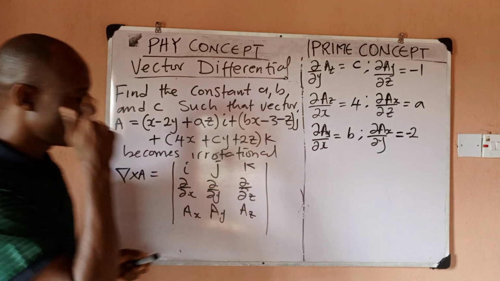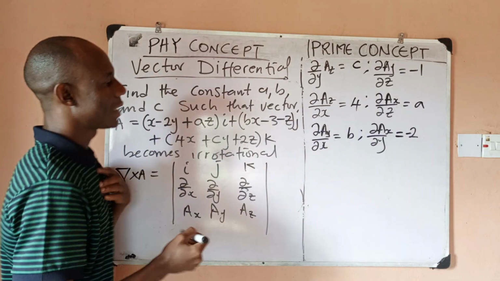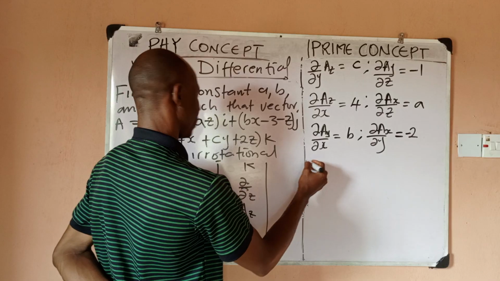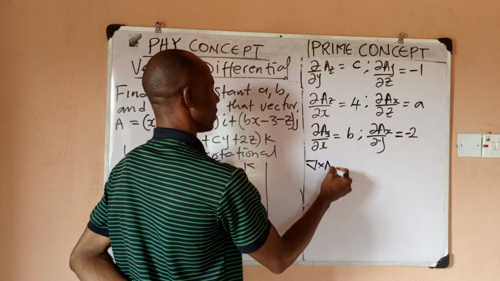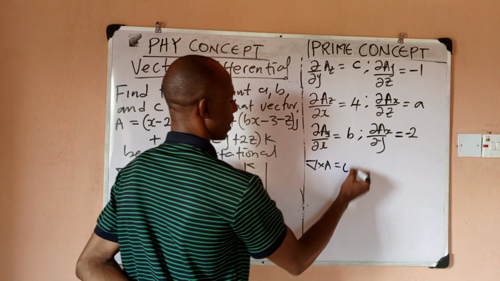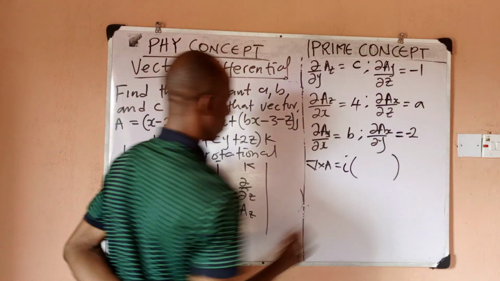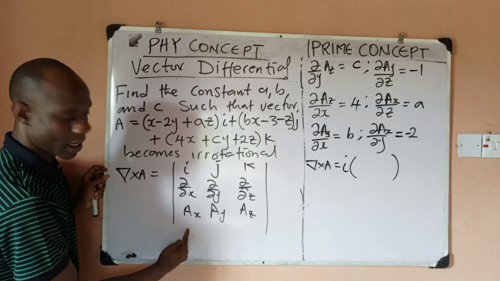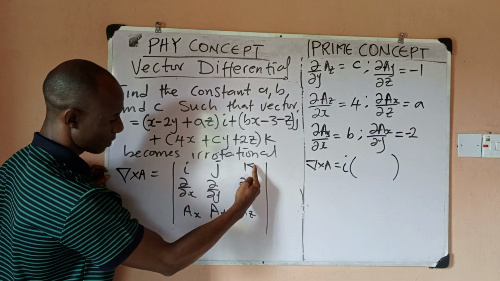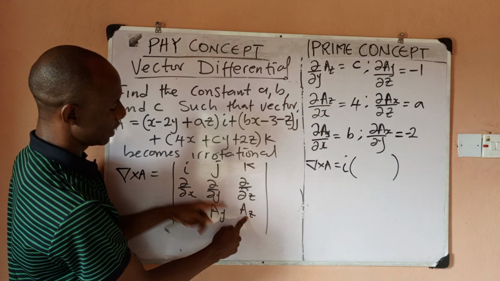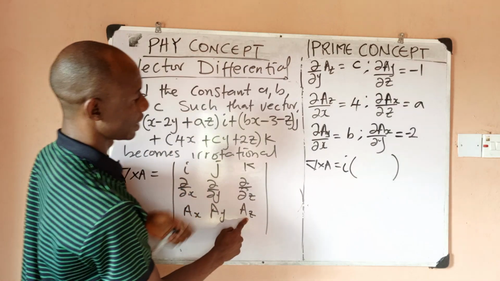So very quickly, my answer, the determinant of this matrix, which I'm going to be writing, is going to be i into, I will go straight. For i I will close this part, so I'll have this times this, which is dAz/dy times this, which is c.